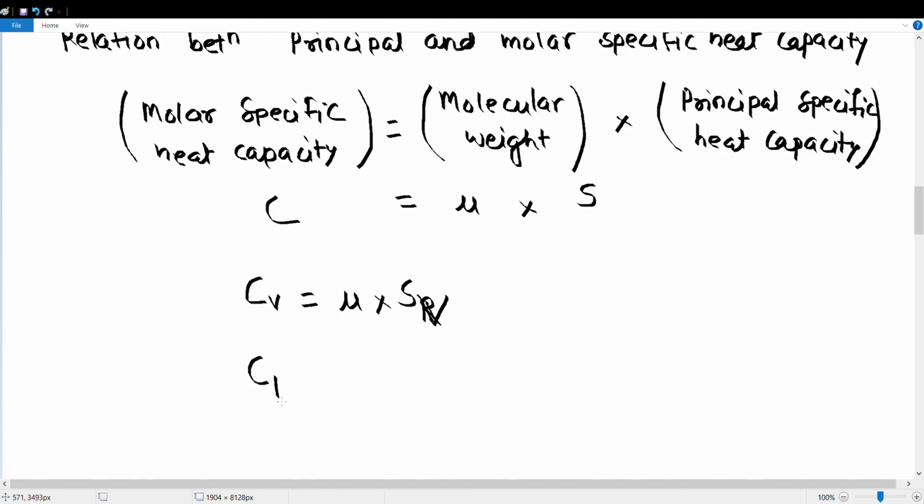And for constant pressure, the molar specific heat capacity is denoted by Cp, and this is equal to mu times Sp, where Cp is the molar specific heat capacity at constant pressure and Sp is the principal specific heat capacity at constant pressure. I hope you understood this part.